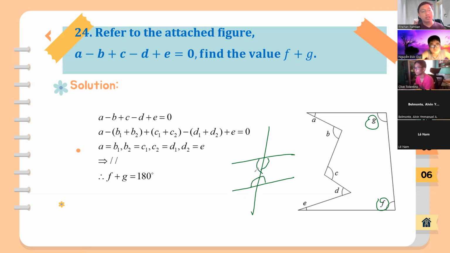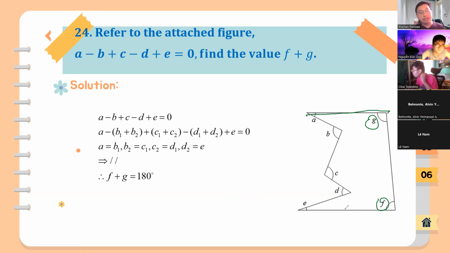So in this case, guys, if we assume already that this side here and this side here are parallel, then these angles G and F, which are on the same side, would be supplementary.